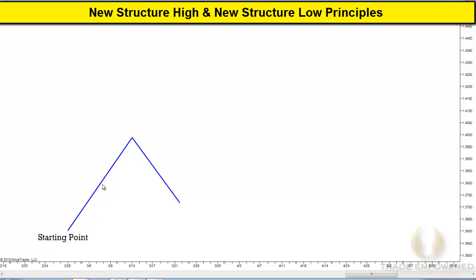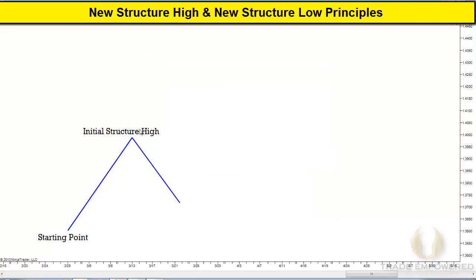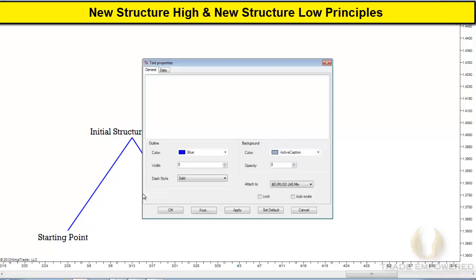Now, that first initial move up, this is going to be your initial structure high. At this moment, we still don't know if we're in a trend or not. All we have is an impulse leg. So our starting point to our initial structure high. Then, as the market pulls back, we get our outside return.